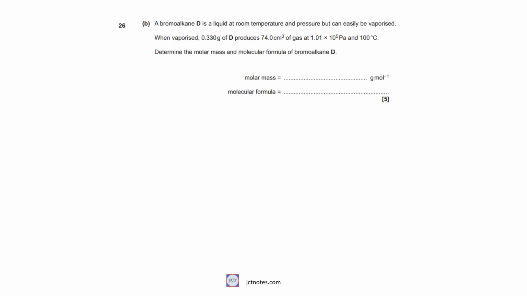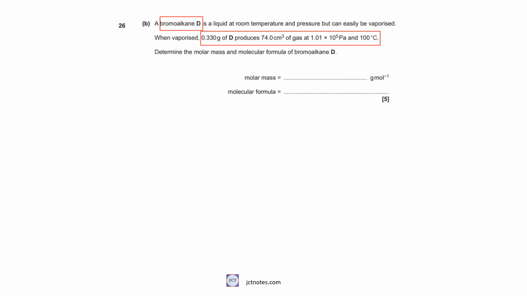In question 26, part B, we are given a bromoalkane that is liquid at room temperature and pressure, but can easily be vaporized. When vaporized, 0.33 grams of the compound produces 74 cubic centimeters of gas at given pressure and temperature. We need to determine the molar mass and molecular formula of the bromoalkane.